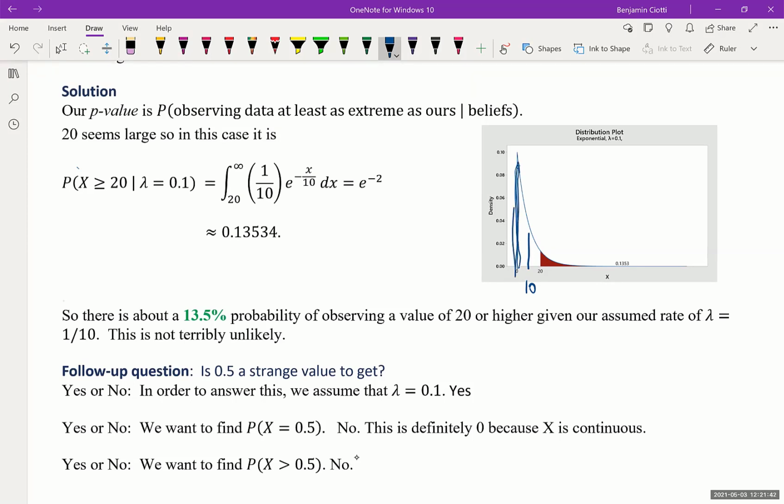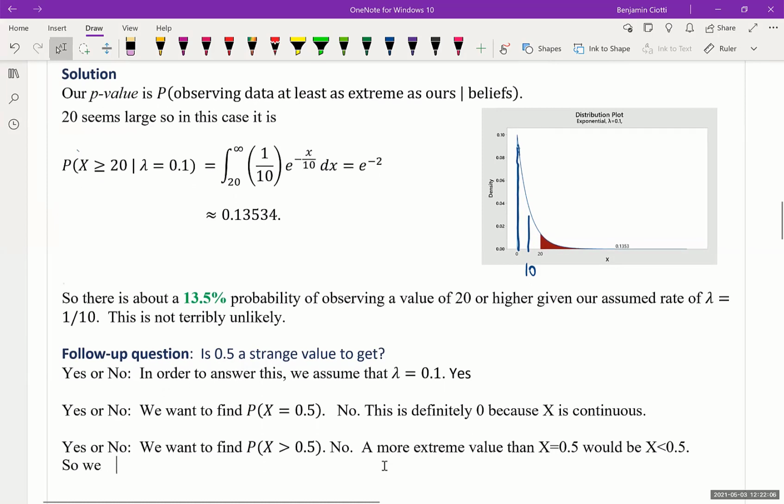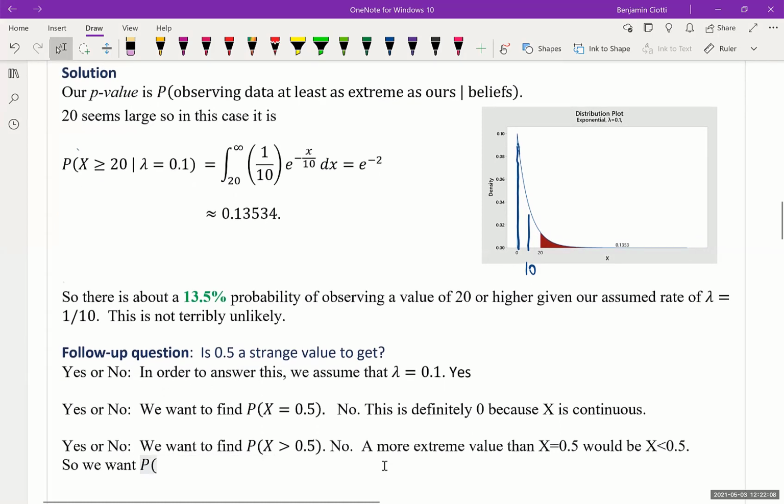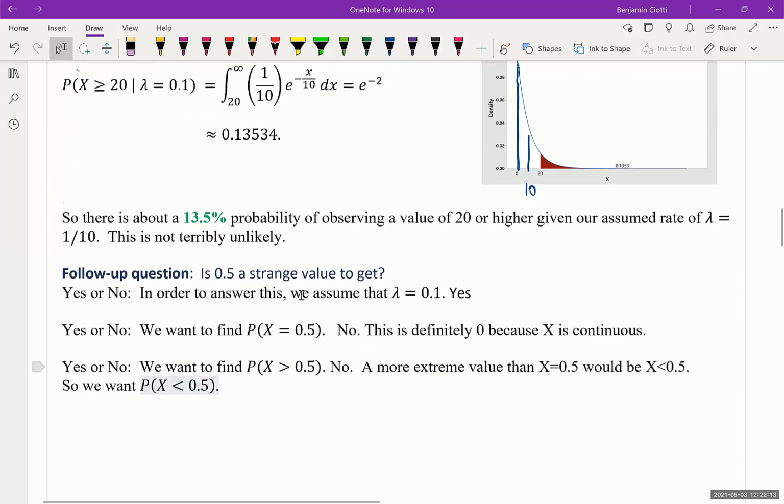So we now want probability to the left of this extreme value. A more extreme value than x equals 0.5 would be x less than 0.5. Okay, so we want the probability that x is less than 0.5.